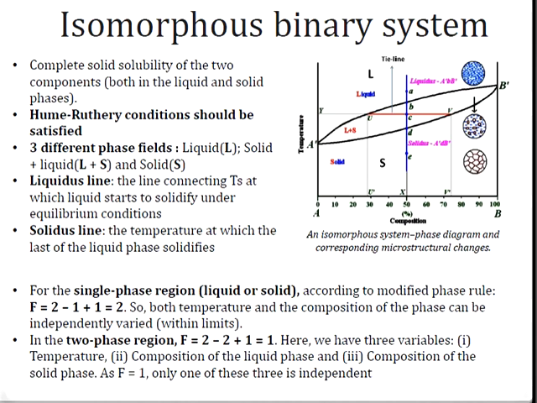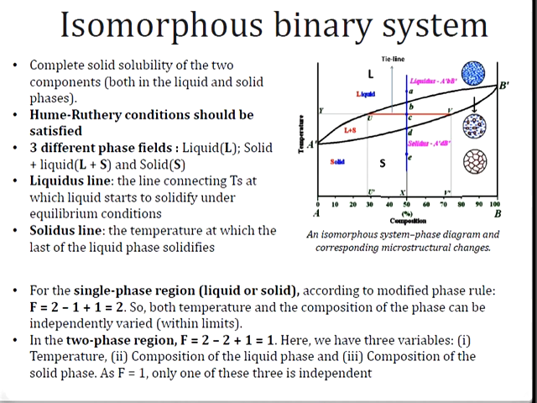In this slide, you will see the isomorphous binary system. As we explained earlier, it has complete solubility of the two components, both in the liquid as well as in the solid phase. So this has to satisfy the Hume-Rothery conditions we described in the last slide. It has three different regions: this is the liquid phase, this is the solid phase, and this region separates these two single phase regions, where liquid plus solid are found to be at equilibrium.